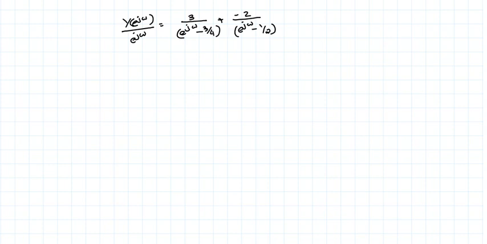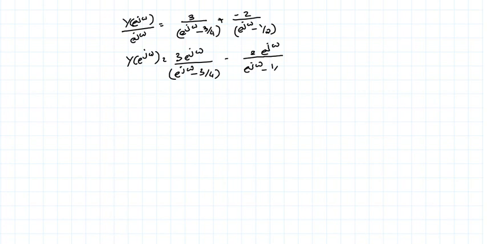Now I can cross multiply this e raised to j omega to the right side. So Y of e raised to j omega is equal to 3 e raised to j omega divided by (e raised to j omega minus 3 by 4). This is one term. Another term is minus 2 into e raised to j omega divided by (e raised to j omega minus 1 by 2).